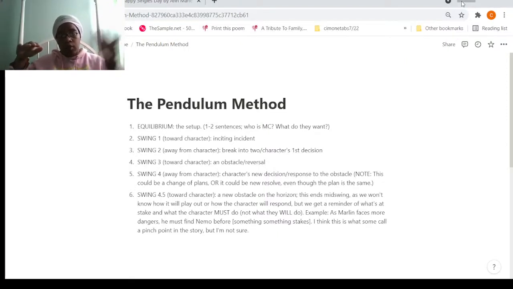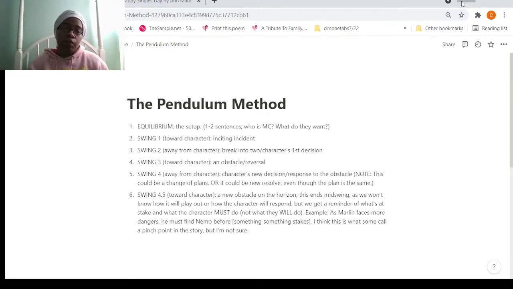This obstacle happened, this reversal happened, and now they're going to change their plan and do something different. But another way it could happen is this obstacle came, and instead of changing their plan, they have new resolve for the plan that they're still doing. But you're going to want to note that after this obstacle happened, they have new resolve. They're going to keep doing what they're doing.